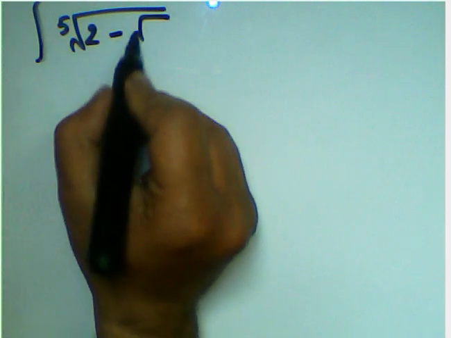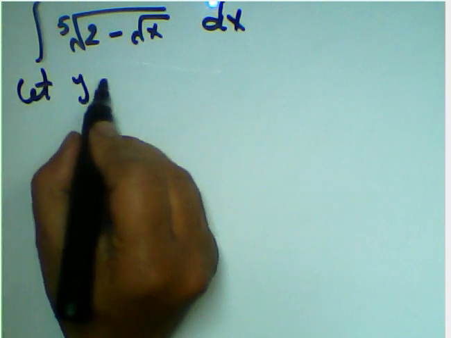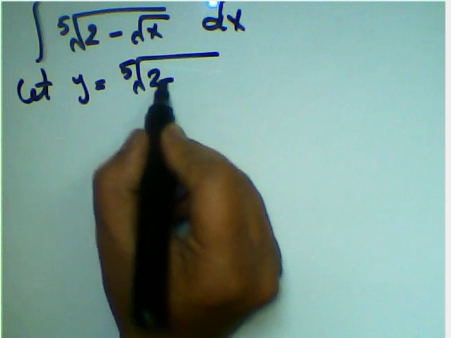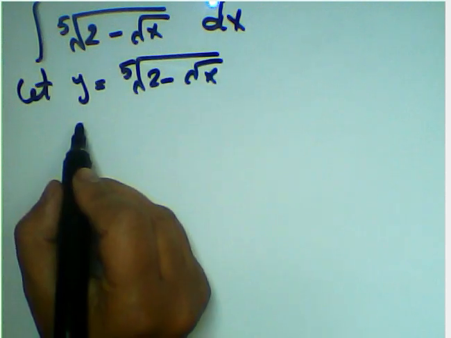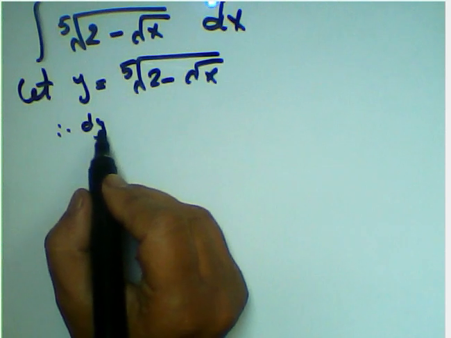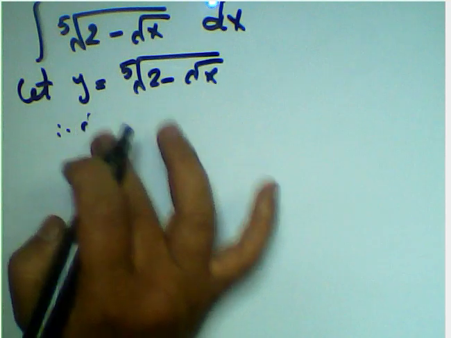Okay, look at this example. We want to find the integration of the fifth root of 2 minus root x dx. Let y be equal to all this fifth root, and then find dy over dx. We can find first y power 5, very easy for you.